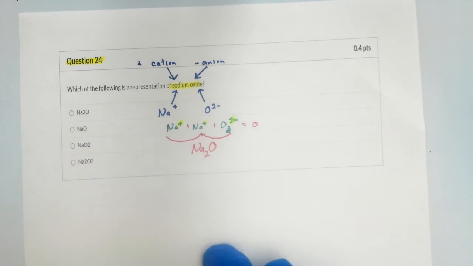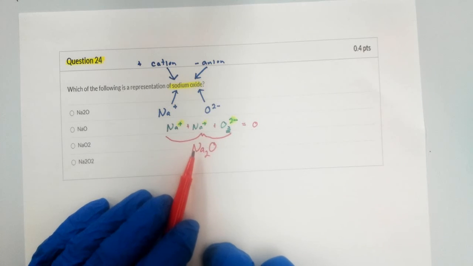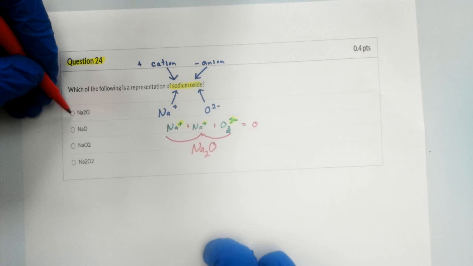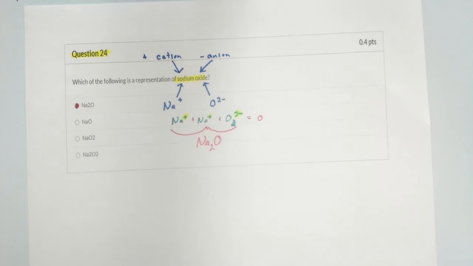You simply write it like that. This is sodium oxide, and so here's our answer: Na2O. Now it's not disodium oxide. When you use the words di, tri, and so on, you're not talking about ionic compounds. You're talking about covalent compounds. So this is sodium oxide.